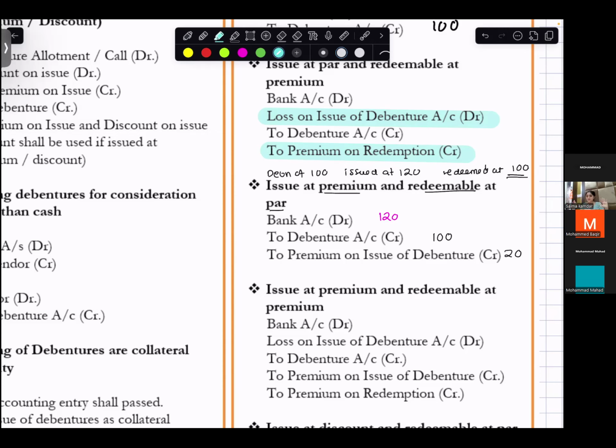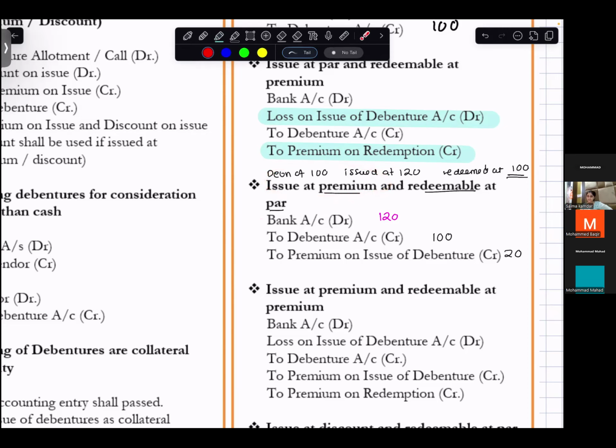So you're not facing any loss on redemption. The journal entry would be only for issuing the debentures at premium: bank debit, debenture credit, premium on issue credit. Are you with me?